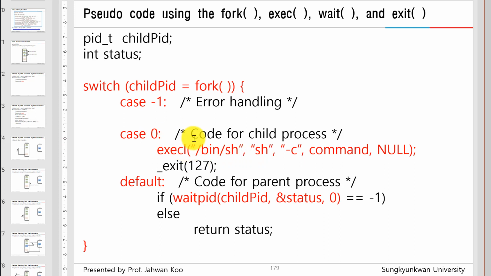The PID of the child process is returned for the parent process. PID is a positive integer value, so the parent process will execute this part in case of default. At this point, the parent process is waiting for the status of the child process using the waitpid system call. In conclusion, case 0 is called for the child process. Case default is called for the parent process.